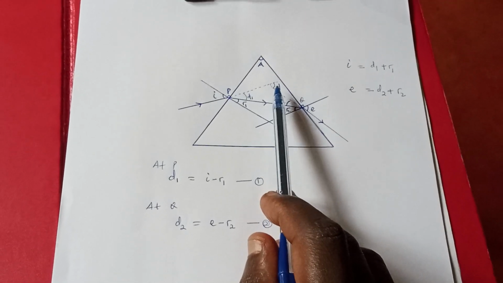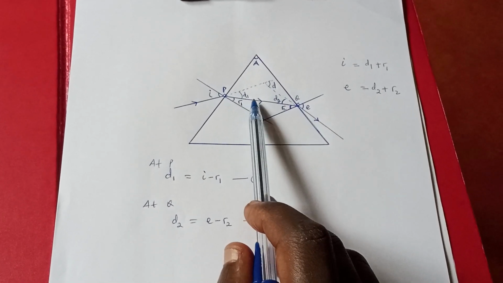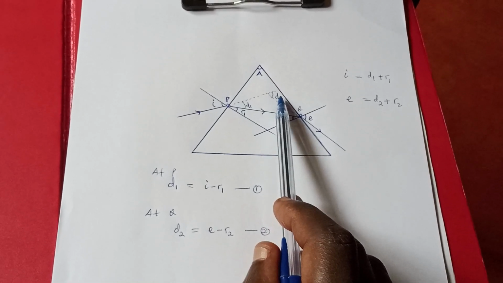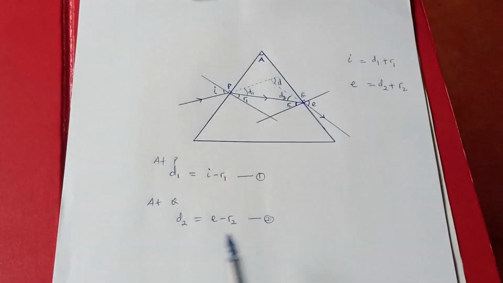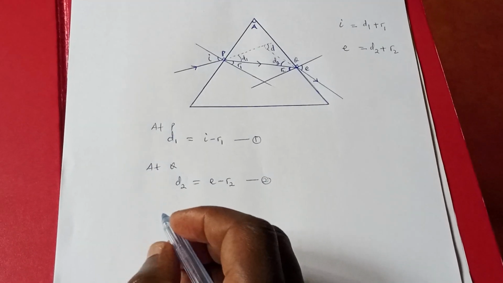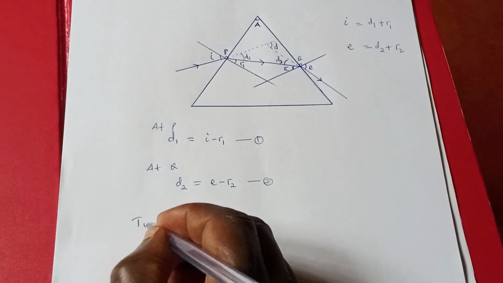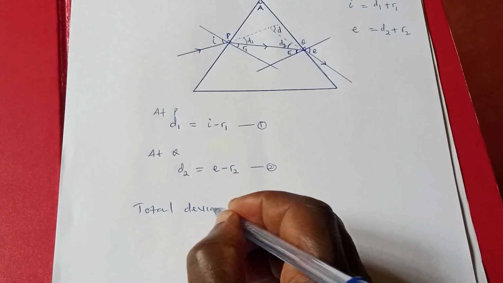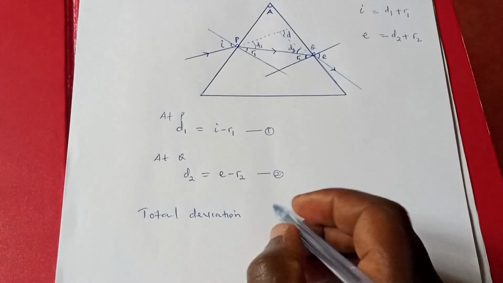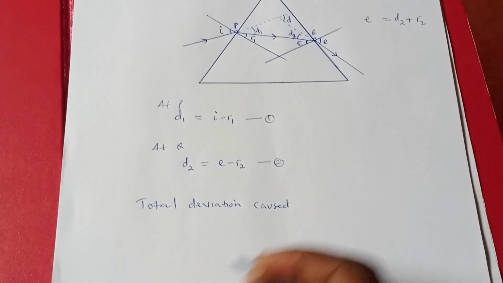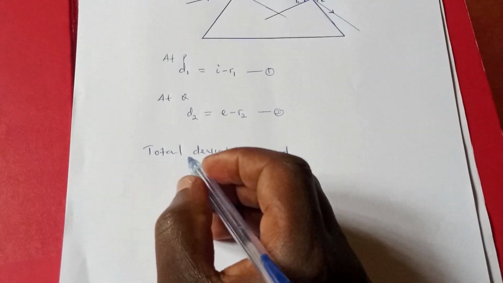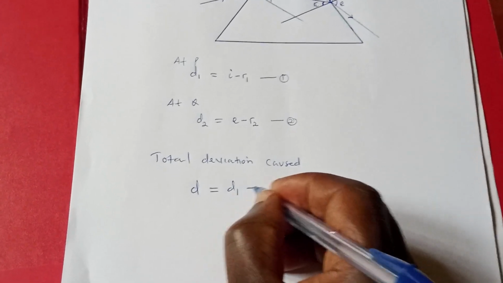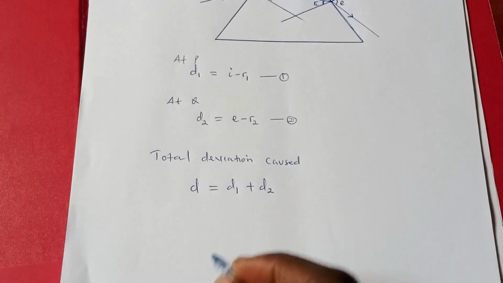One exterior. So the two interior angles we have are D1 and D2. The one exterior angle we have here is D. So to get the total deviation caused, it will be D equals D1 plus D2.